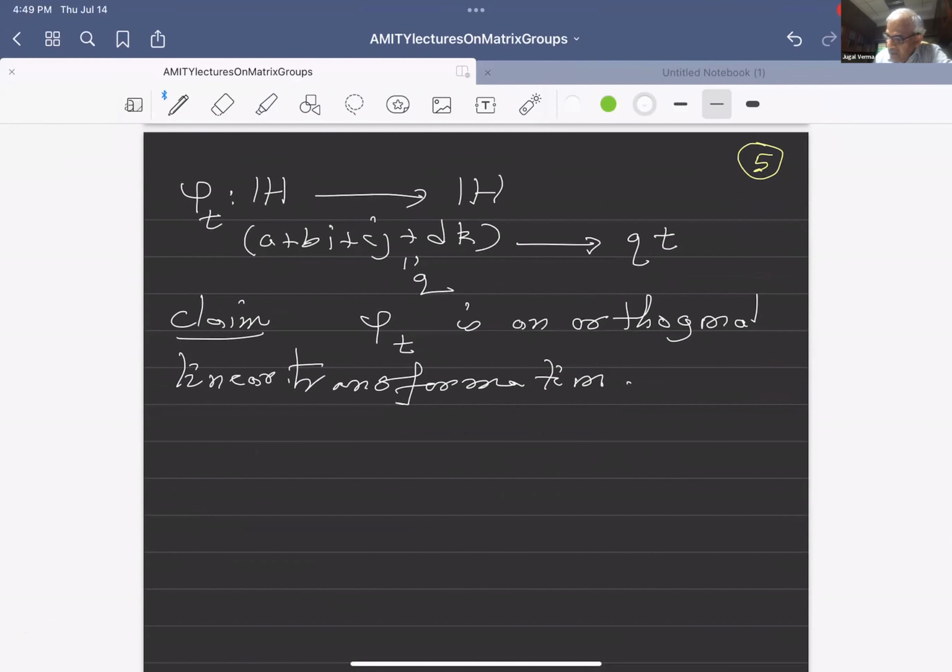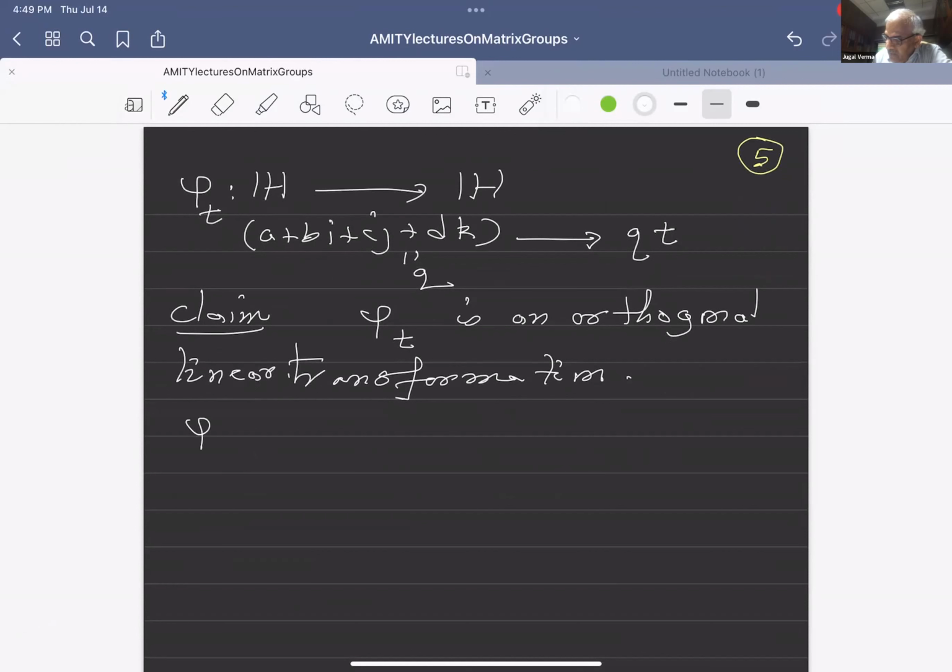Let us see that phi T is linear. Suppose I take q1 plus q2 times T, which is equal to q1T plus q2T.